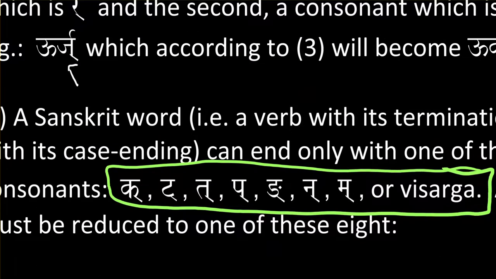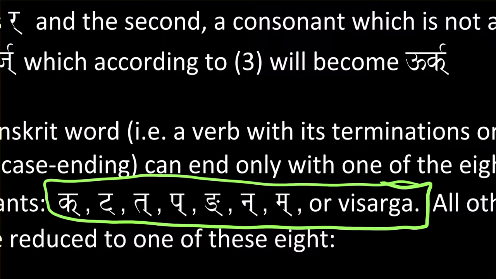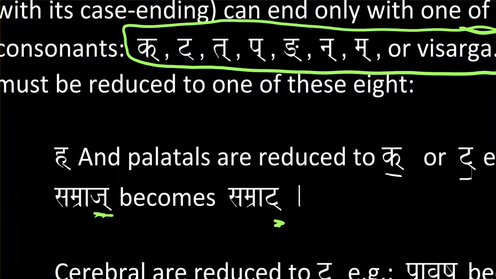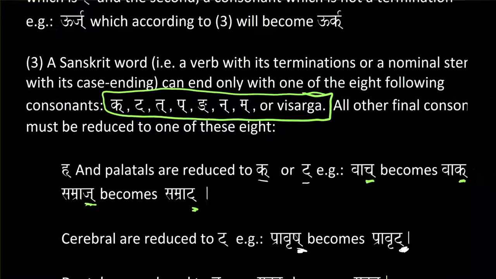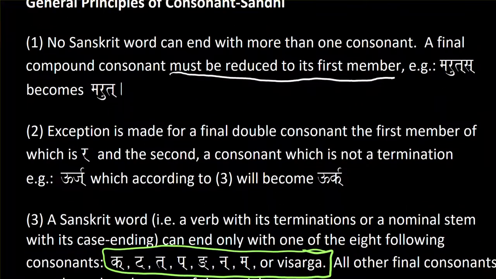So urj here is being reduced to urk. These are the exceptions and rules, and we have more rules coming up.